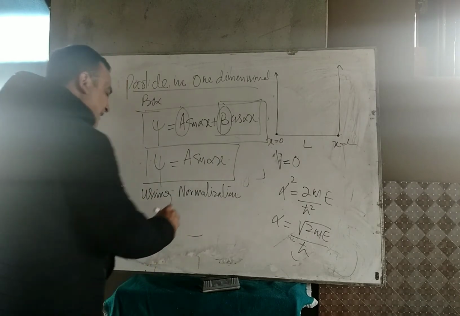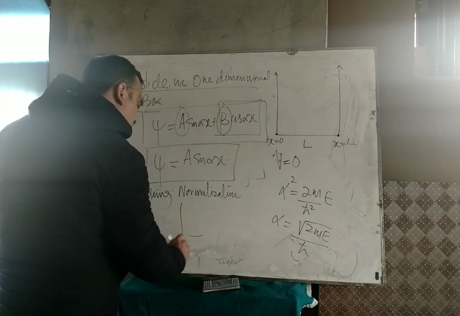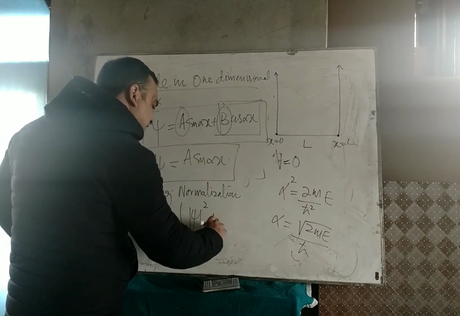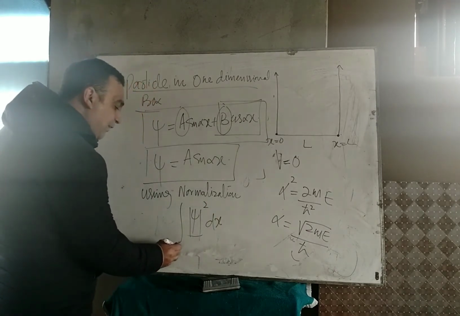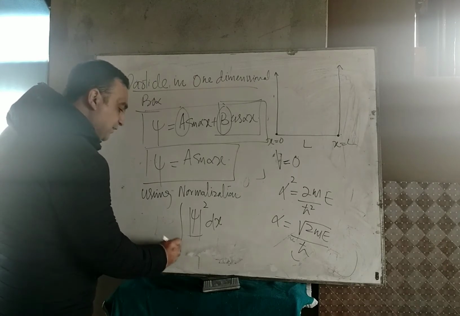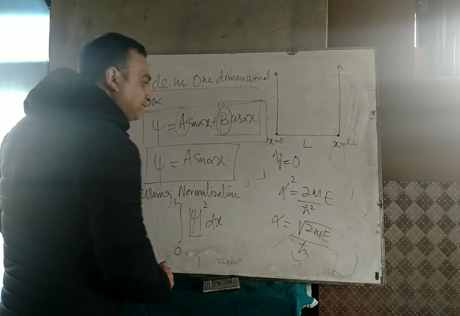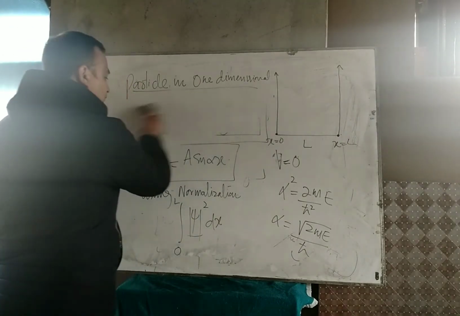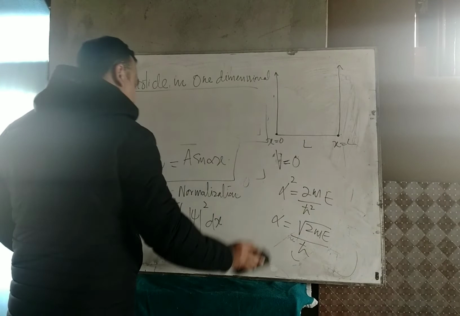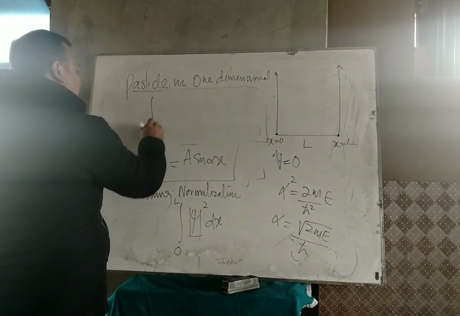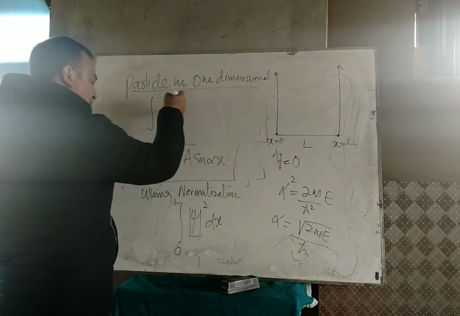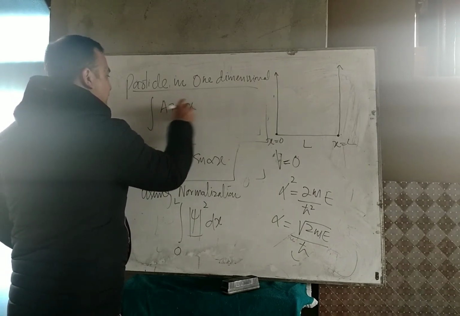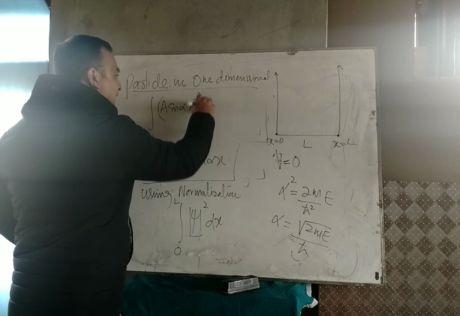So how can I use that? That is the integral of the square of psi dx, and the limit of the integration will move from 0 to L. So the integral will be like this: instead of psi, I will write a sine alpha x whole square dx.